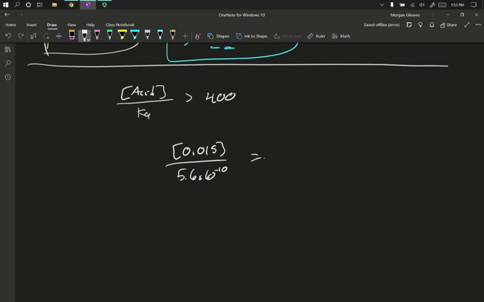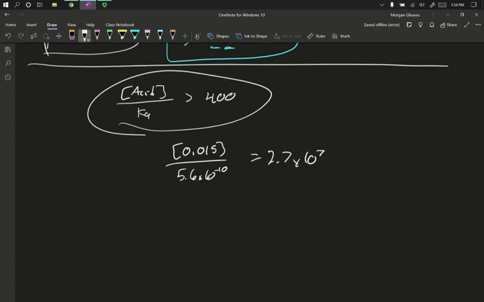This is a ratio of 2.7 times 10 to the 7. This is 27 million times the difference. Well outside the range where we'd have to be concerned that the x might become too great and actually affect our calculation. So as long as your acid concentration versus its Ka in your solutions of just weak acid is more than 400 times greater, the simplifying assumption can be made.